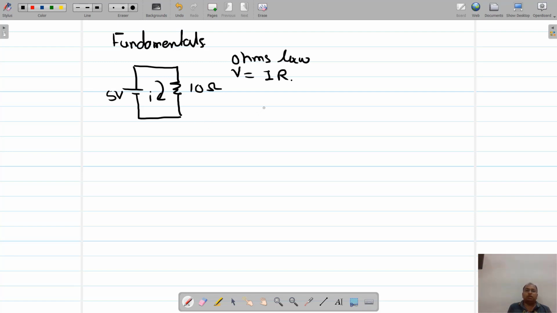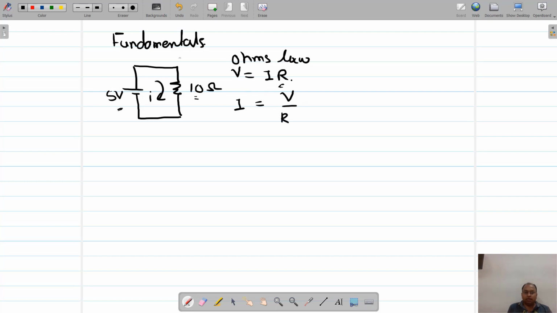So the drop across a particular resistor is the current flowing through it times its value. So definitely we can find I, since we know the voltage and we know the value of the resistor, which is 10.